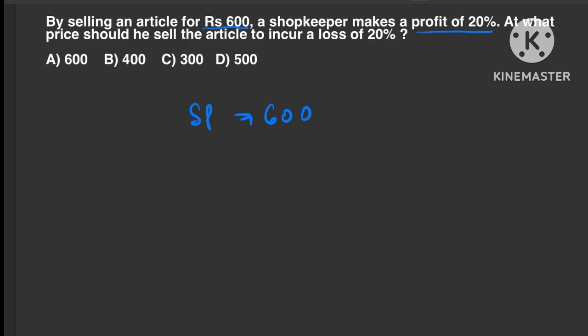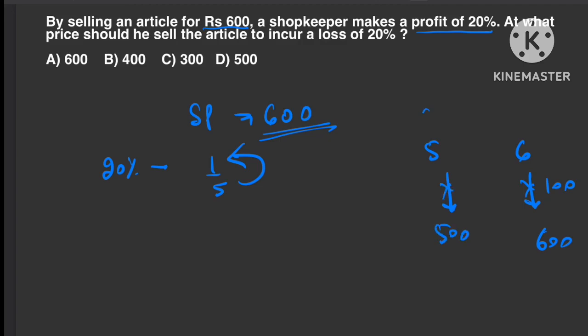So 20% means 1 by 5. So 5 to 6, 5 is the cost price, 6 will be the selling price, and selling price is already given as 600. The value of 6 is 600. So 5 will be 500, it will be the cost price.